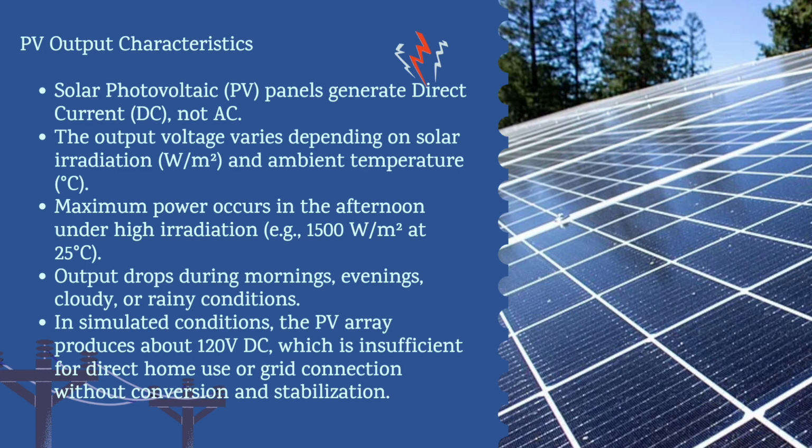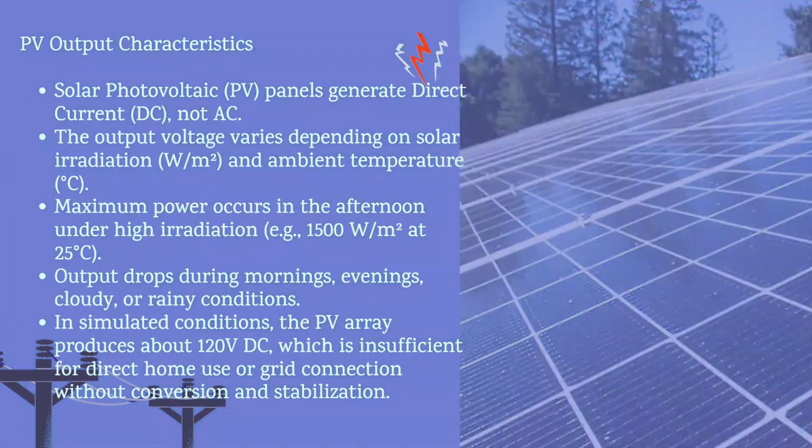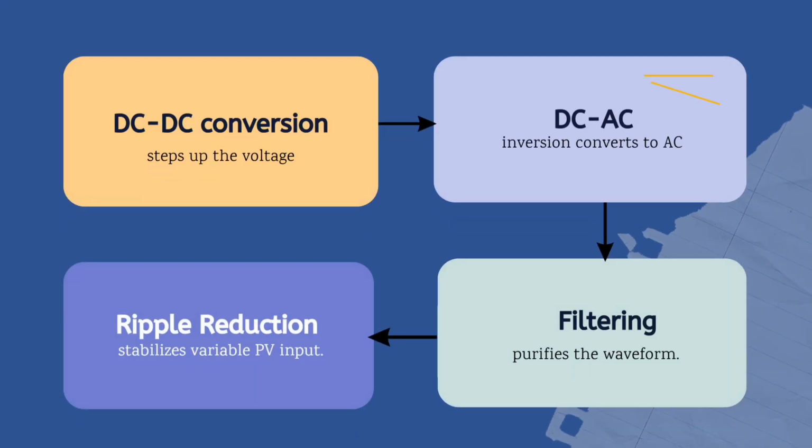Thus, we need DC to DC conversion to step up our voltage, DC to AC inversion, filtering to purify the waveform, and ripple reduction to stabilize the variable PV input. Now let's go to our Simulink to see our simulation.